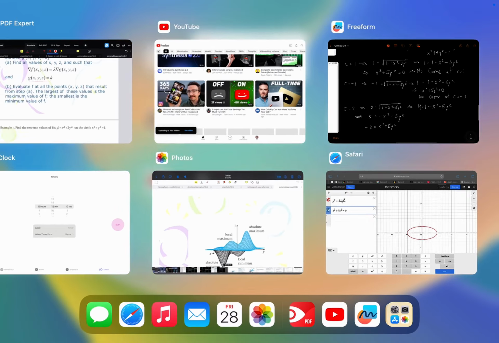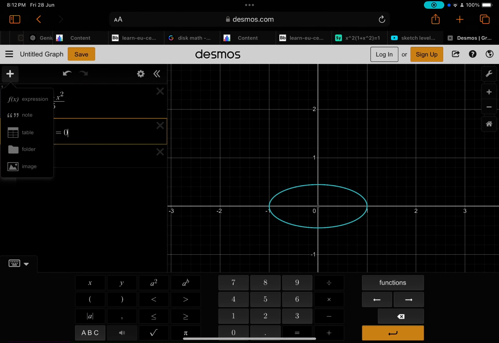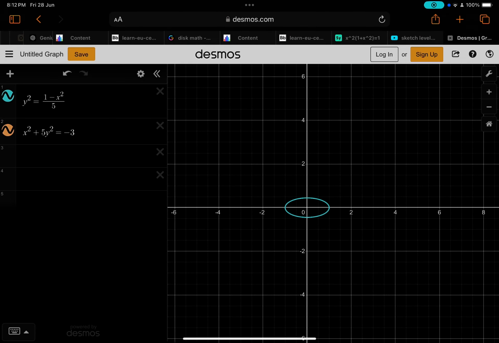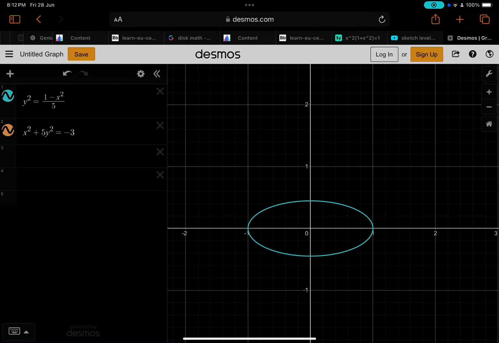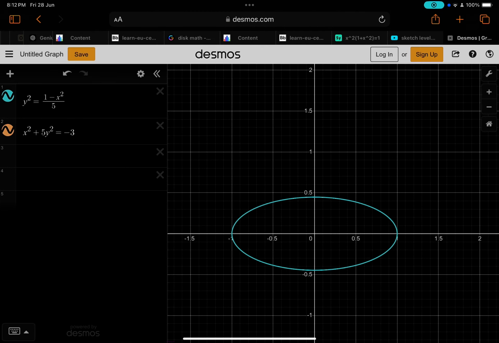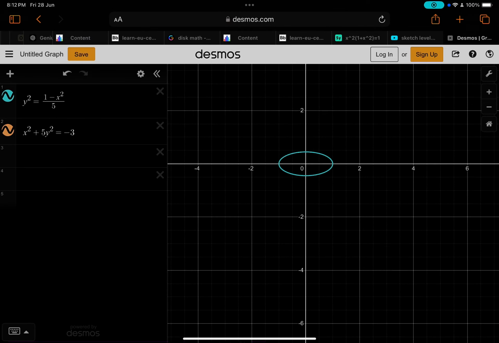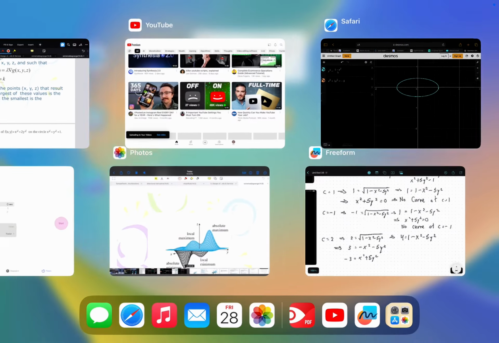Let's see what this gives us. Here we have this, let's just replace this with -3. Okay, it gives us nothing. So we do not have a function at c equals 2 either.